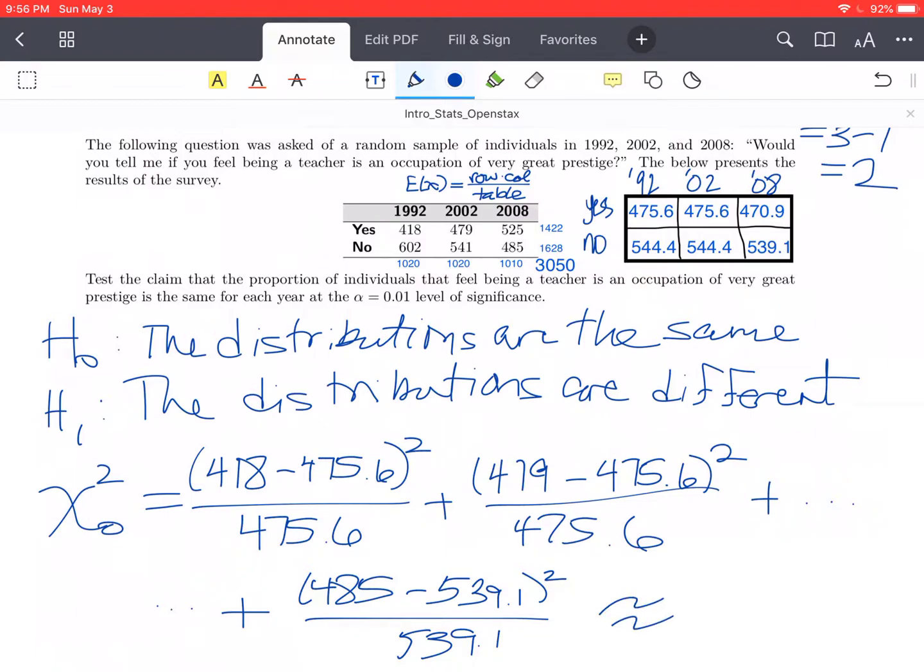Compute this test statistic, we get approximately 24.76.